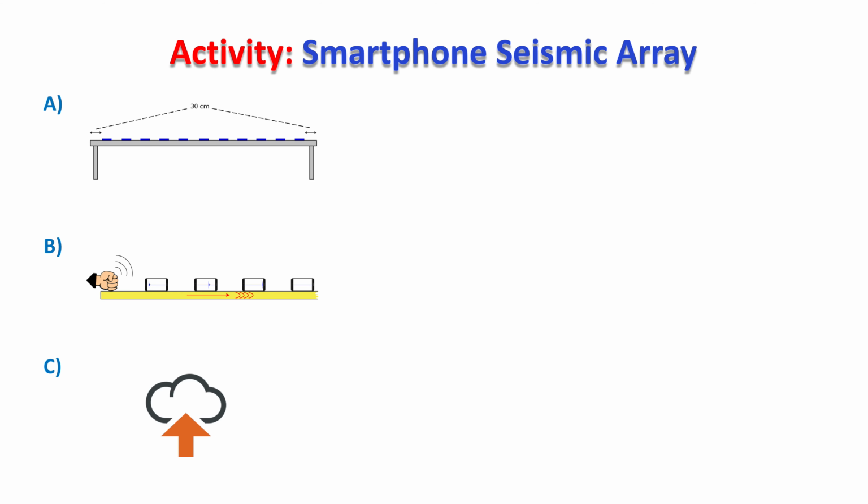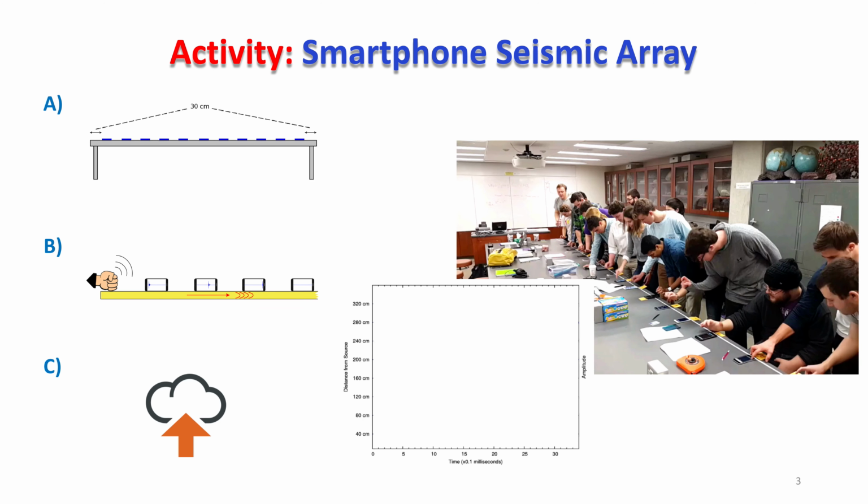Then we asked the students to identify which phone, the first phone, second phone, third phone, and so on, in their data, and upload the data, which was a 2-column file, time and the amplitude of the signal, into a cloud space to be available to everyone in the class. And this is the setup of the experiment.